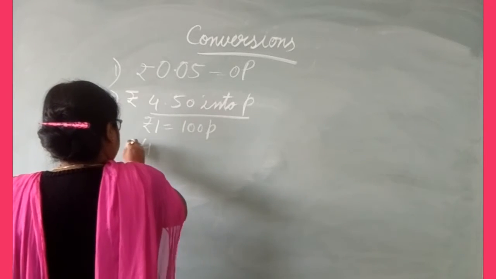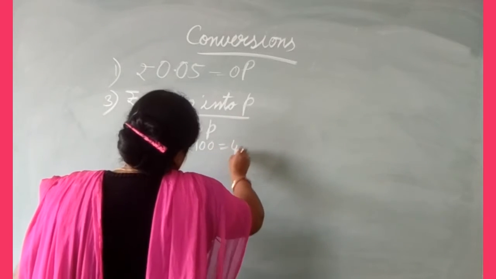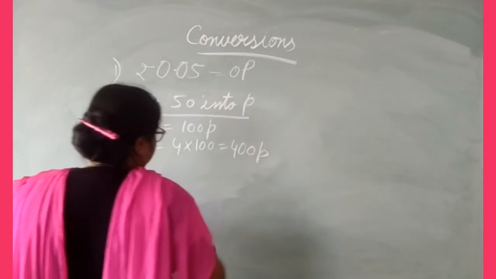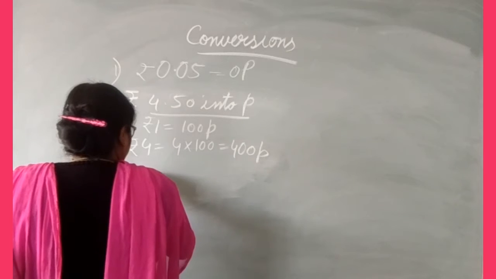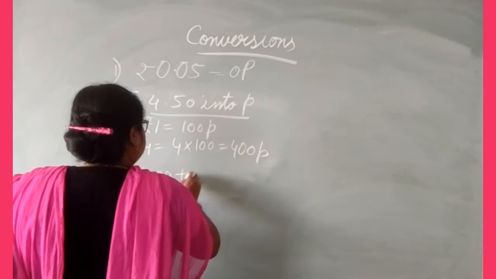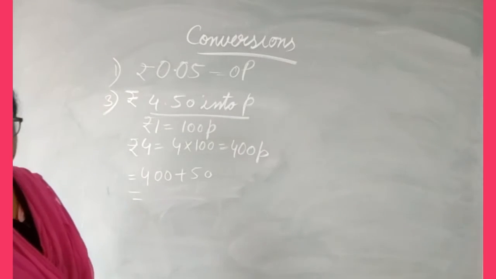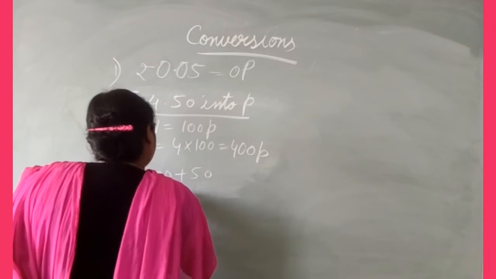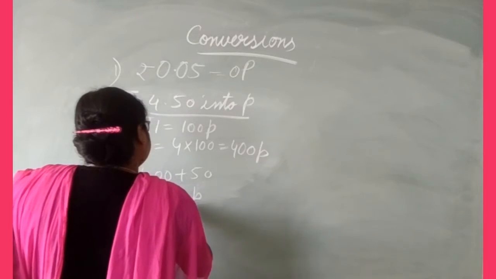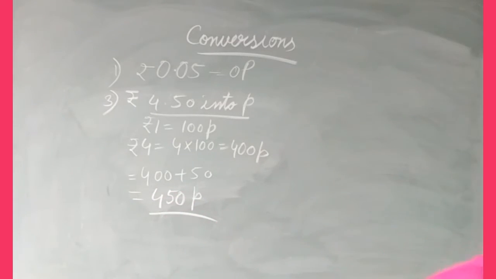So 4 rupees equal to 4 into 100 equals 400 paisa. So 400 paisa plus 50 paisa, you will add this. What you will get? 450 paisa. Okay, it is clear to you all.